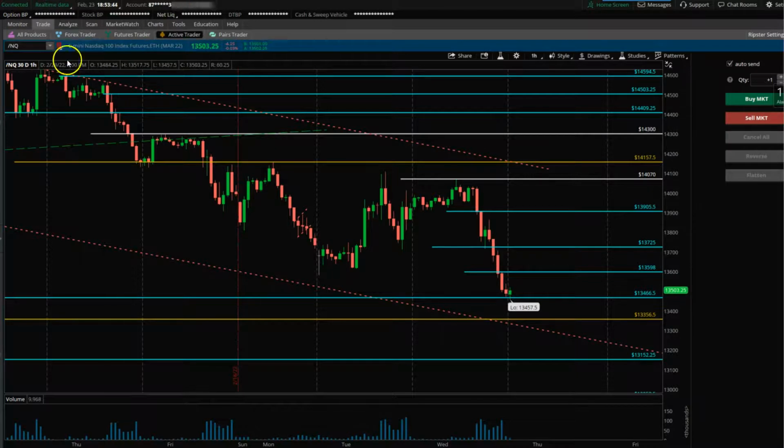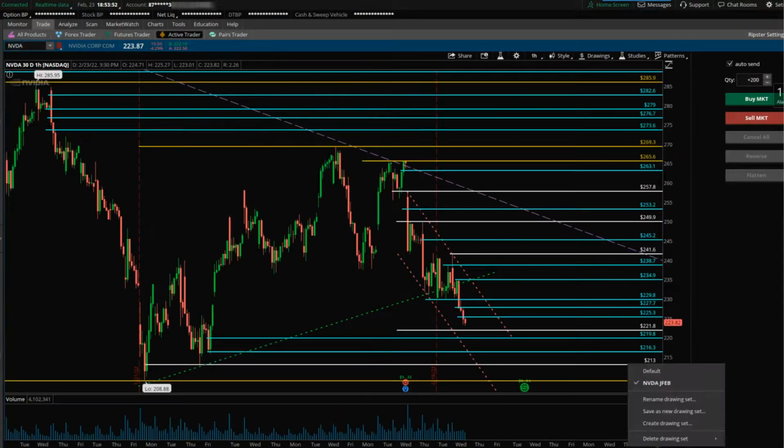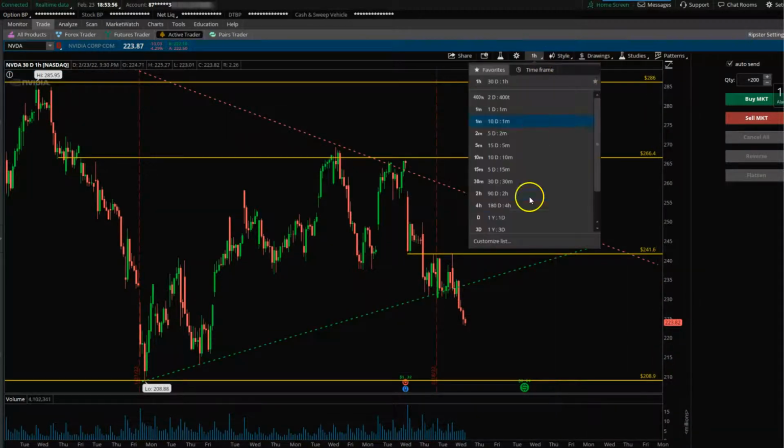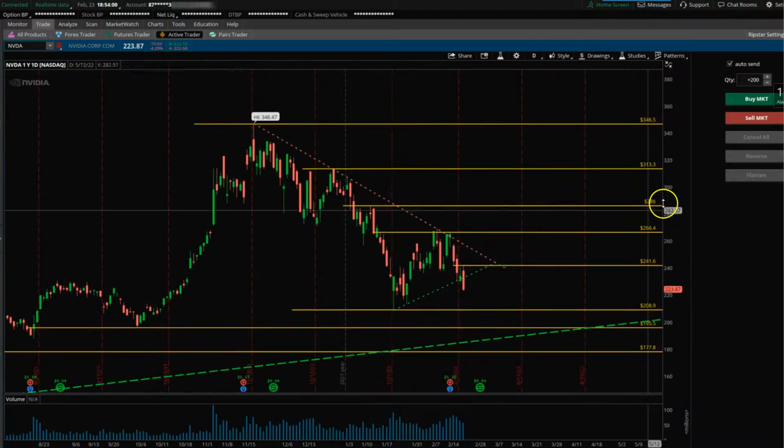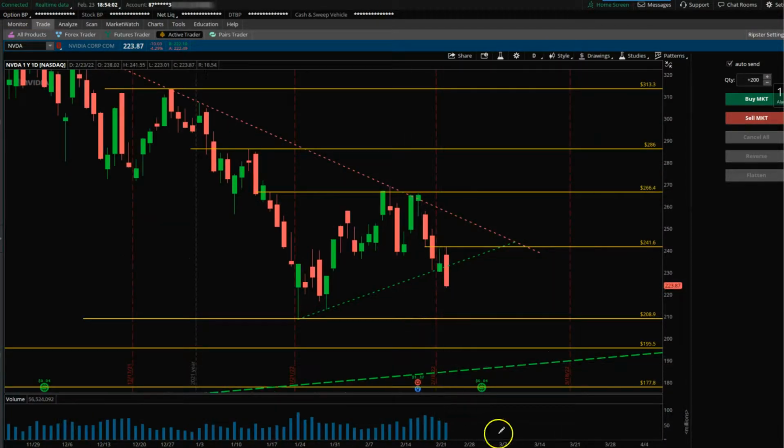Okay, now let's take a look at a couple more. Let's look at NVIDIA. I know some people like to play that. Let's look at a cleaner chart, a daily time frame. Again, the tell was that after earnings, it wasn't seeing any follow through to the upside.